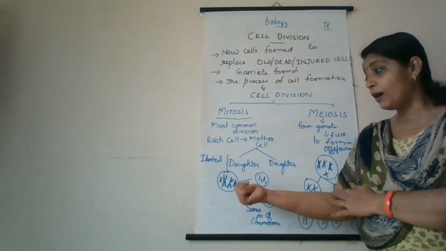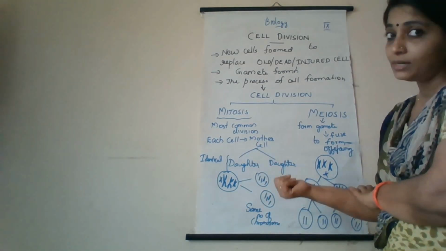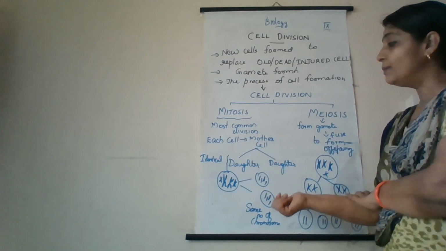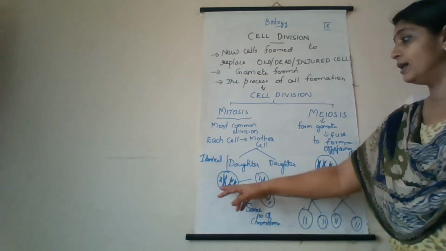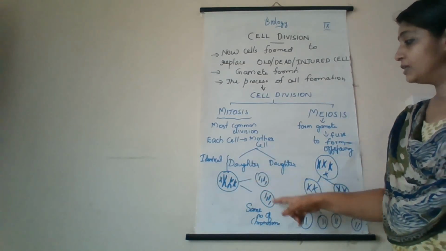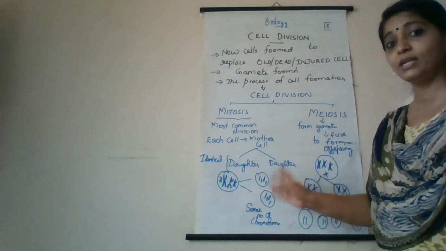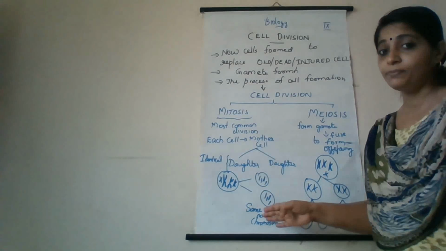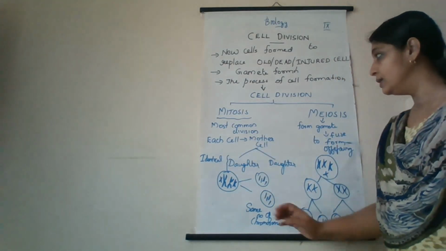After division, the number of chromosomes present in the daughter cells will be the same as that of the parent or mother cell. Here, in the mother cell, 4 chromosomes are there. Even after division, both the cells will get 4 chromosomes. So the number of chromosomes will be the same, even after formation of daughter cells.